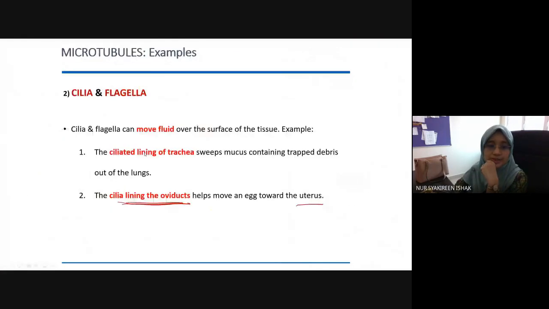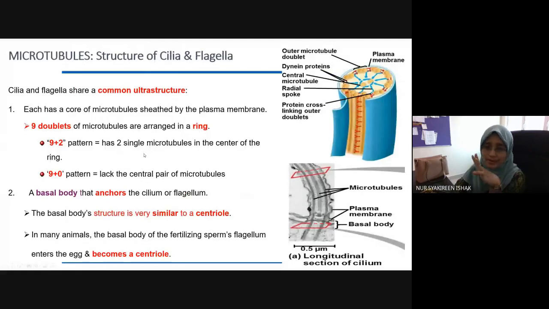Dalam awak punya nota ada 3 point. These are elaborations. Cilia and flagella share a common ultrastructure. Each has a plasma membrane surrounding the microtubules. Each has a core of microtubules sheathed or surrounded by plasma membrane.